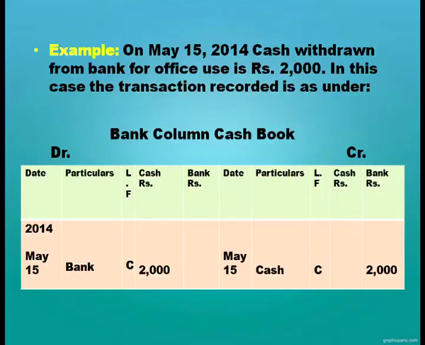On the credit side, "By Cash", the amount will be written in the bank column. And on the debit side, "To Bank", the amount will be written in the cash column. On both sides, in the ledger folio column, we will write C, representing the contra entry.